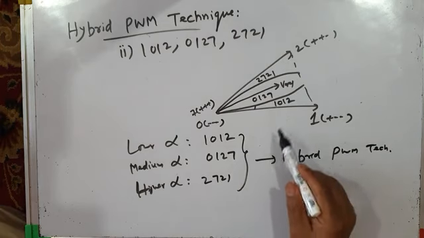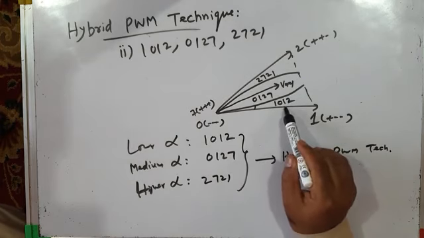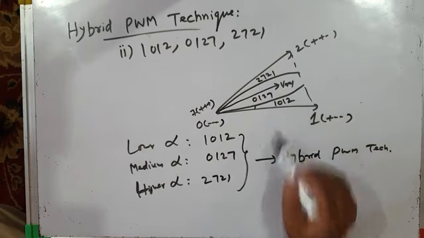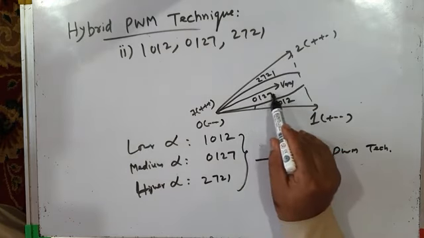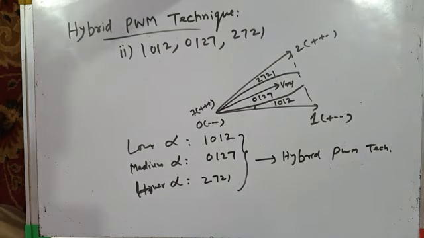Just a few moments back, we compared 0127 with 1012. For lower values of alpha, 1012 gives lower stator flux ripple and hence lower torque ripple. For medium values, the conventional space vector based switching sequence 0127 gives lower q-axis stator flux ripple, and hence lower torque ripple.